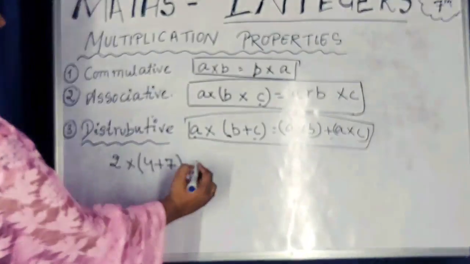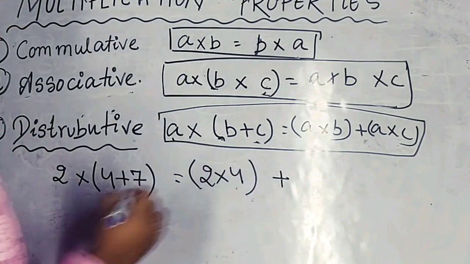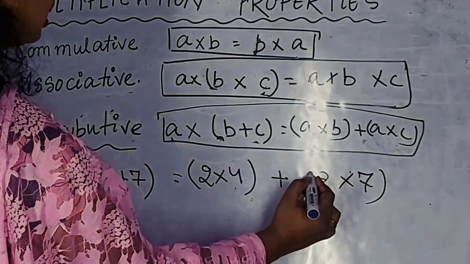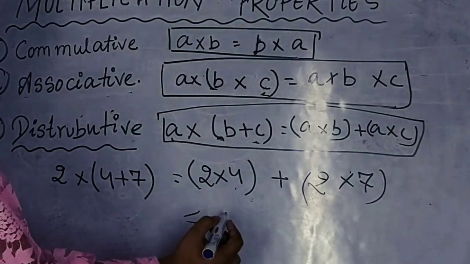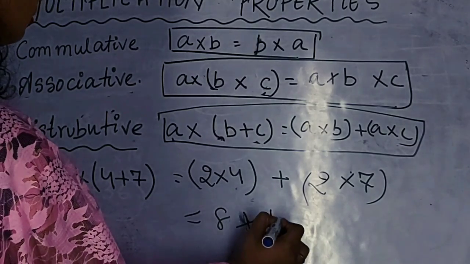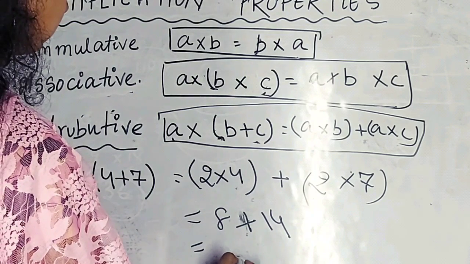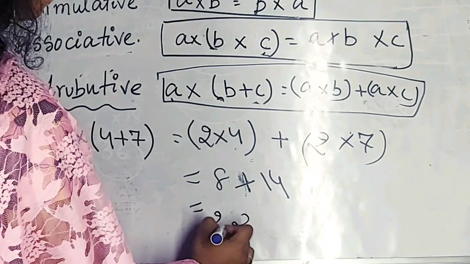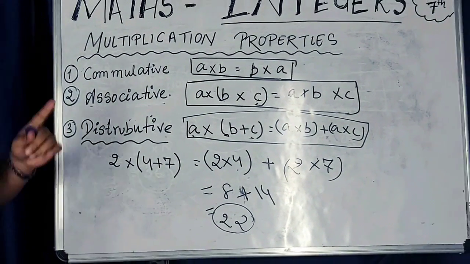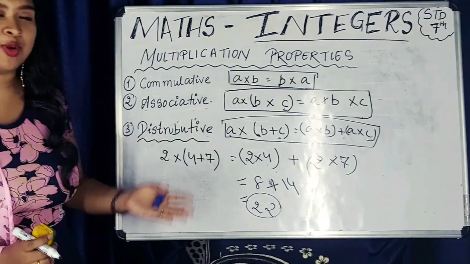According to this formula, see, 2 into 4 plus 2 into 7, and we get the answer. 2 into 4 is 8 plus 14. 14 plus 8, and we know it all. And here also we get the same answer. So this is what happens in distributive properties. So yes, this is how we come to an end for the multiplication properties.